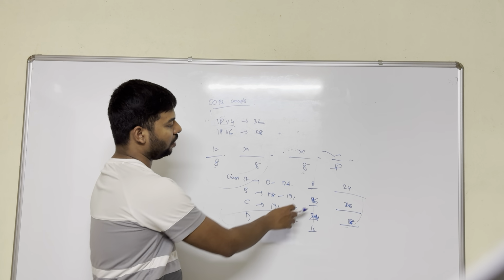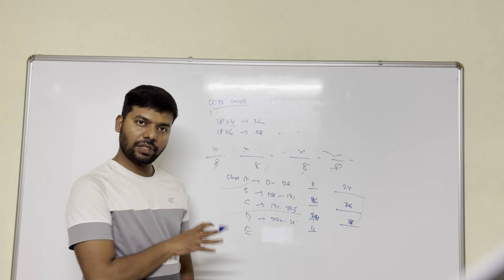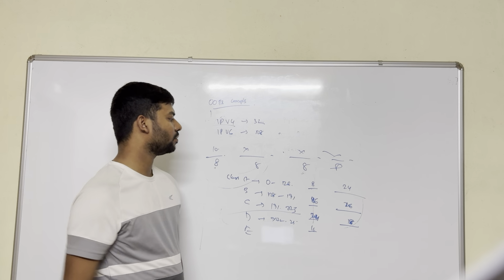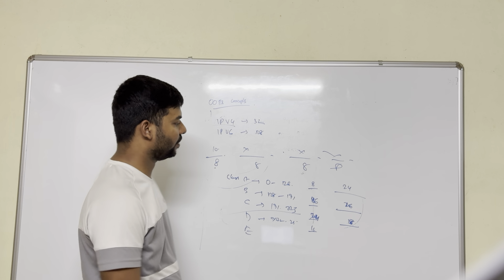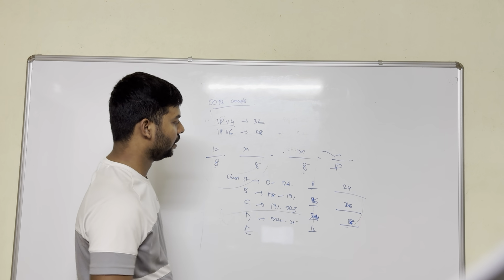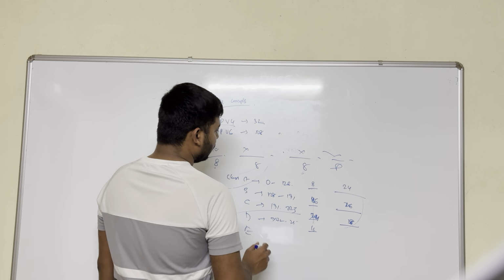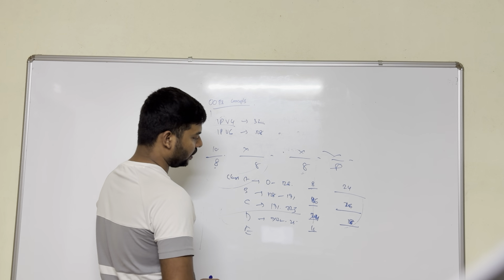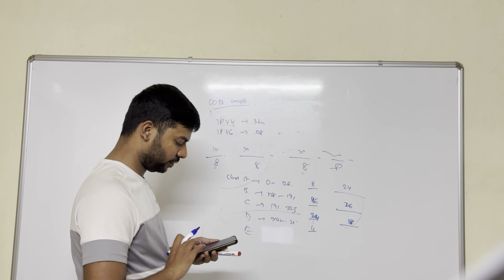In a class B network, 16 bits are for the network and 16 for the host. In class C, 24 and 8. So these are briefly the classes.